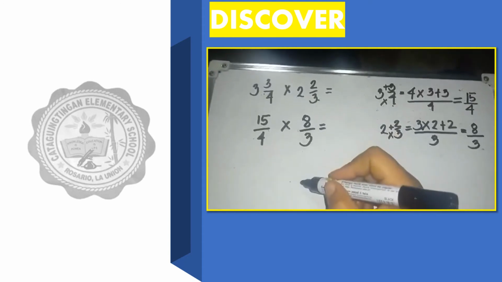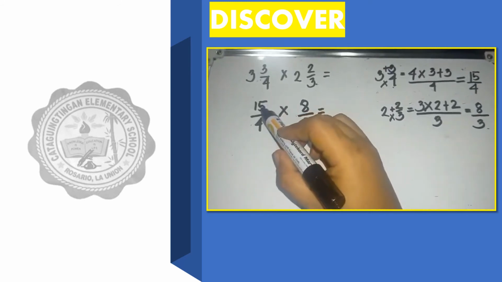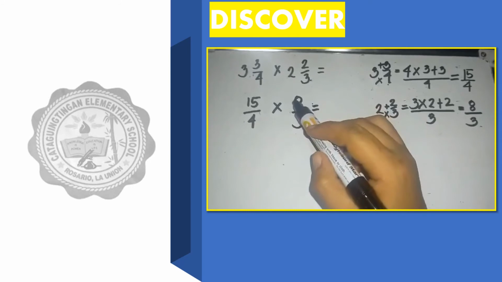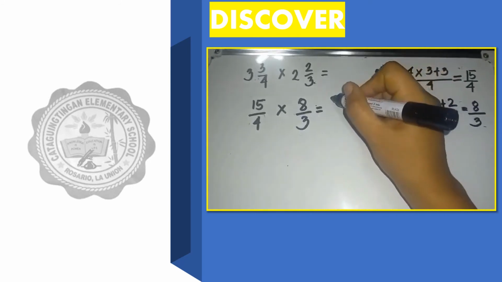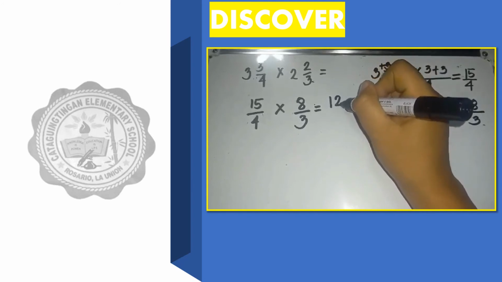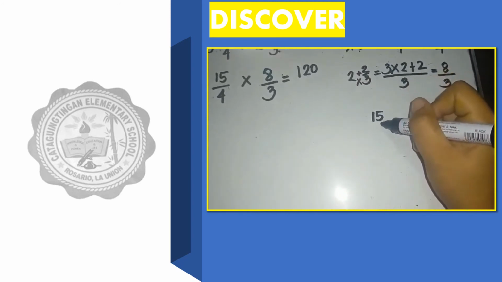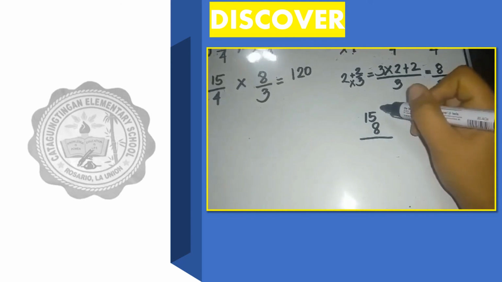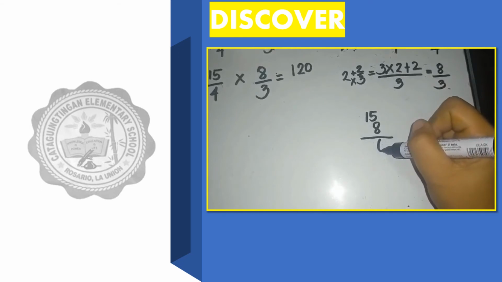Let us multiply the numerator. So, asan dyan yung numerator? Yung 15 and 8. 15 times 8 is 120. So, try natin. 15 times 8. 5 times 8 is 40. So, 0 yan.